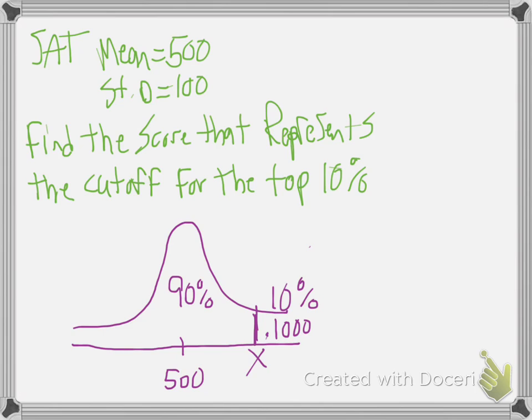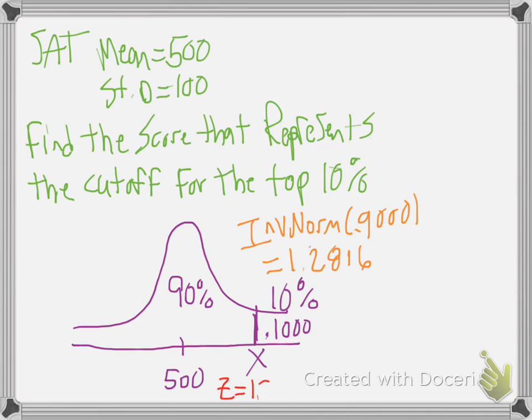So we do inverse norm of 0.9000, and we get 1.2816, which means that the z-score that is the cutoff for the top 10% is z equal to 1.2816.